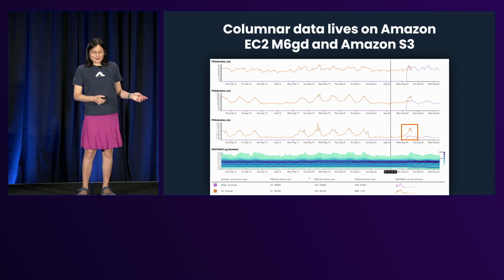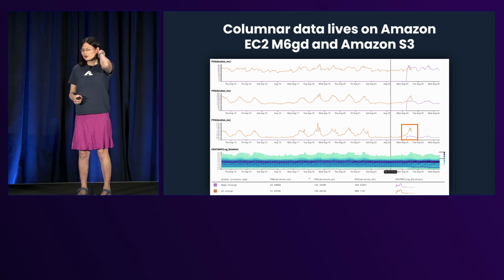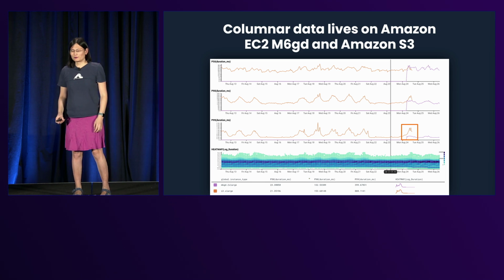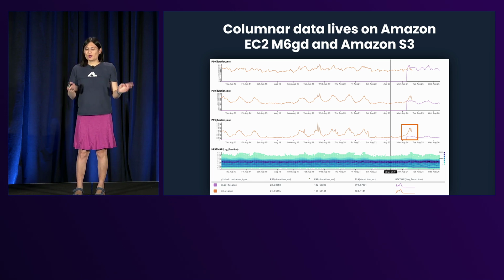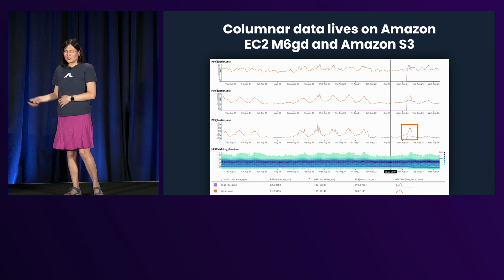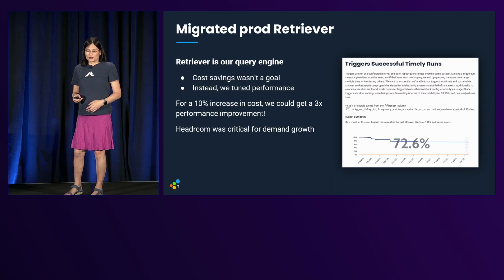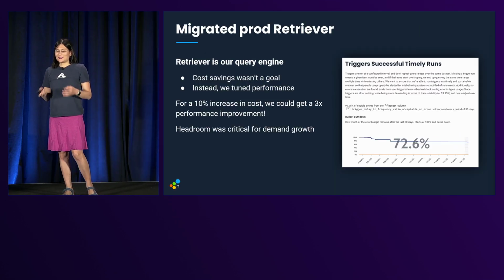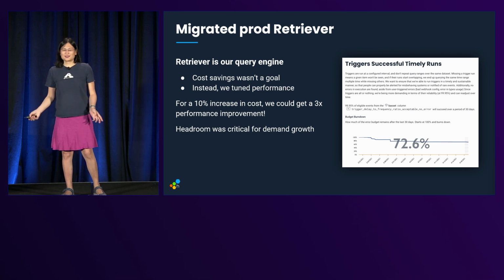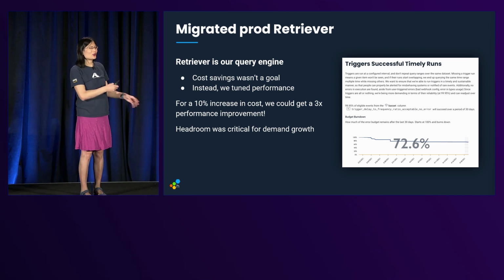And back in 2020, 2021, we were looking at this and saying, what if we could make that Graviton too? We found that we were able to migrate over from i3 instances to M6GD instances. And the M6GD instances actually did cost more than the comparable i3 instances that we were using to get the same amount of local SSD.